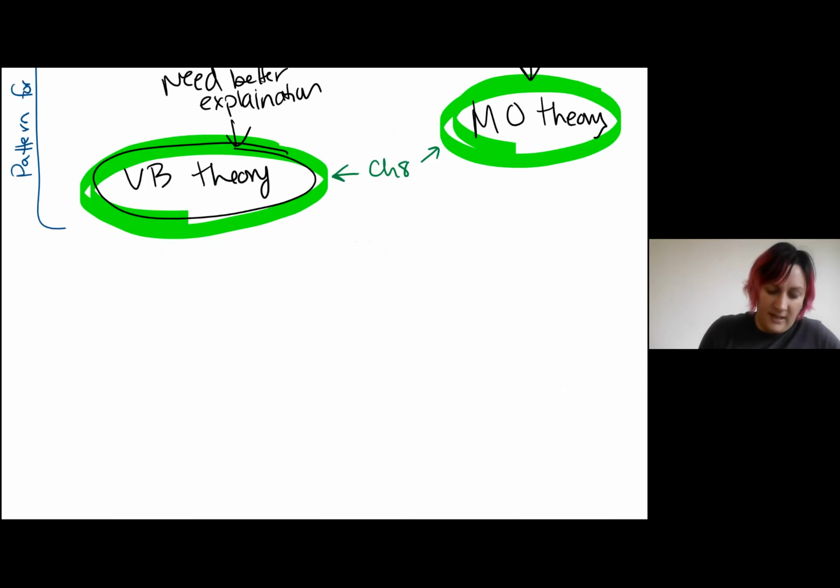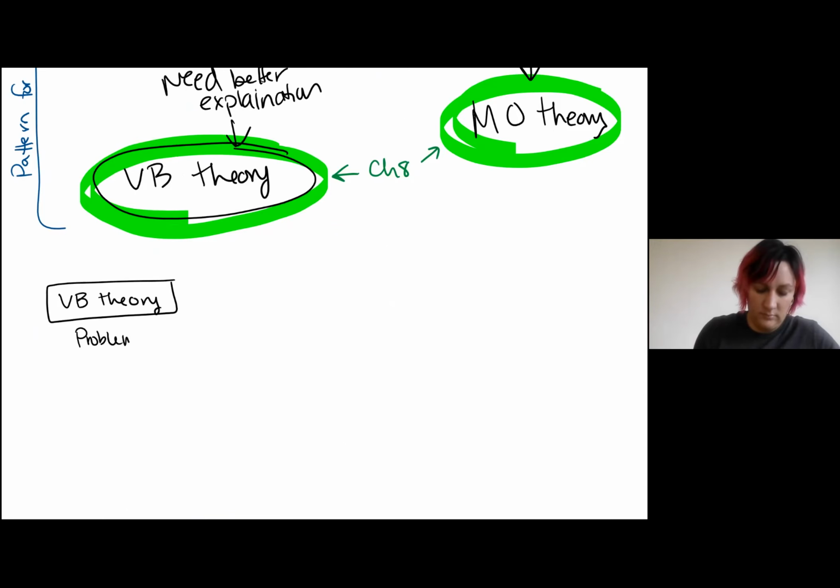So within valence bond theory, your problem solving strategy is going to follow the same pattern. First, you're always going to need a Lewis structure to start with.